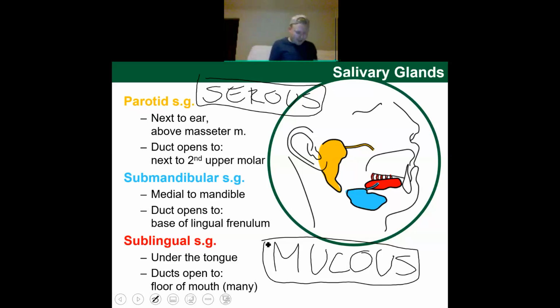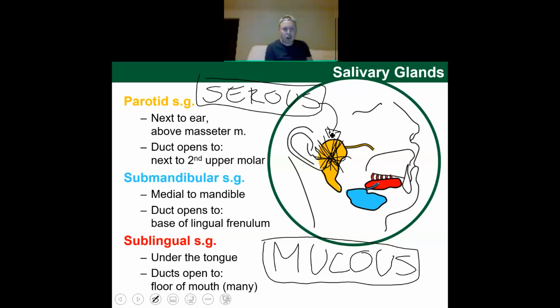So mucus secretion is much thicker than our serous secretions. So which gland secretes what kind of secretions? Well, parotid gland secretes serous secretions. So it's very watery secretions that we get from the parotid glands.